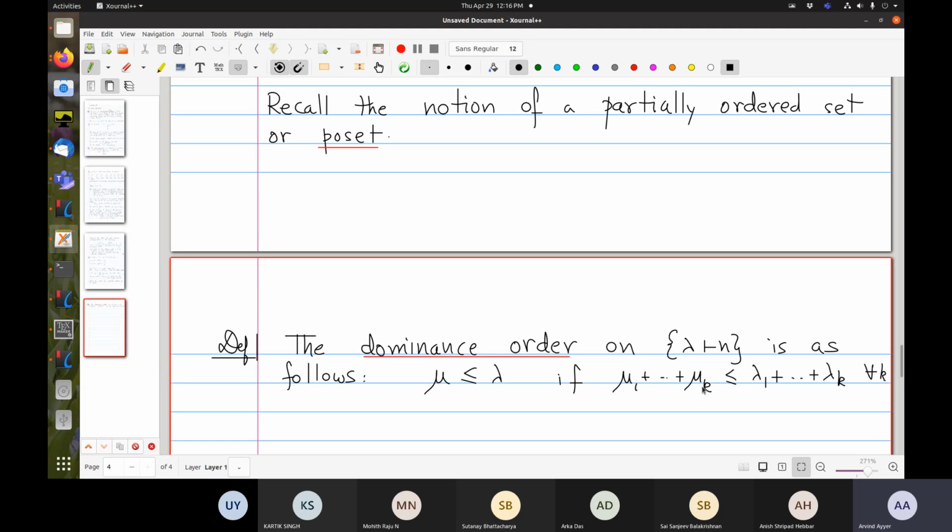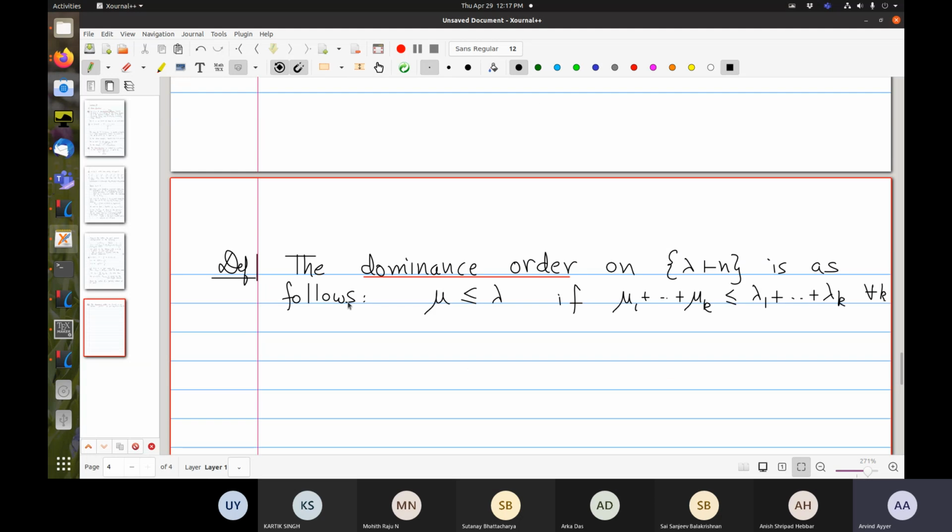For n up to 5, this is a totally ordered set, and then from 6 onwards, there are partitions which are not comparable. I think this is an example. For n equals 6, (4, 1, 1) and (3, 3) are incomparable in the dominance order.